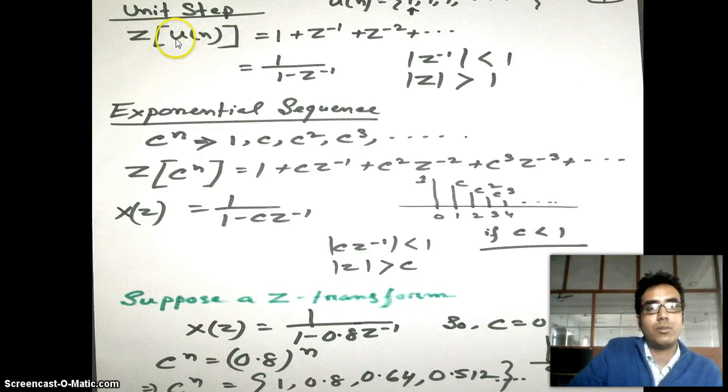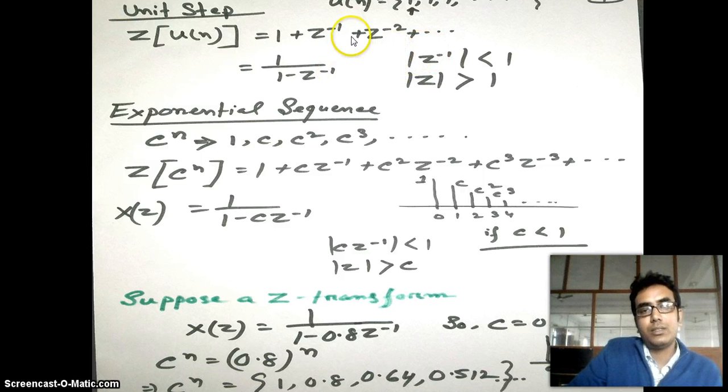So the z transform of u[n] will be 1 plus z inverse plus z to the power minus 2, and so on, because the values of u[n] at all the samples are 1. That's why the z transform becomes 1 by 1 minus z inverse.